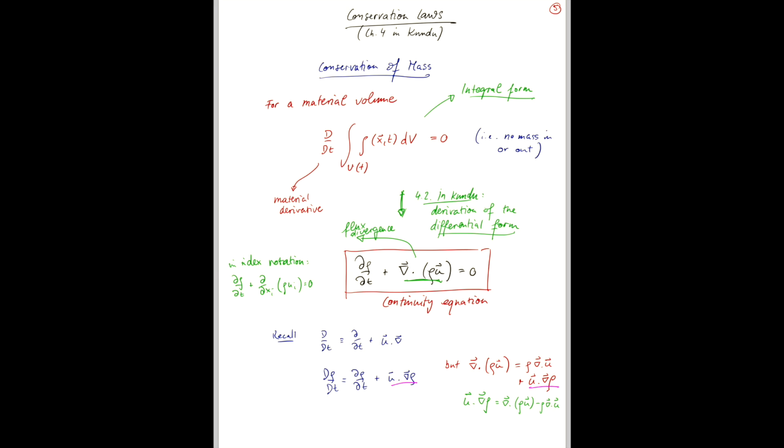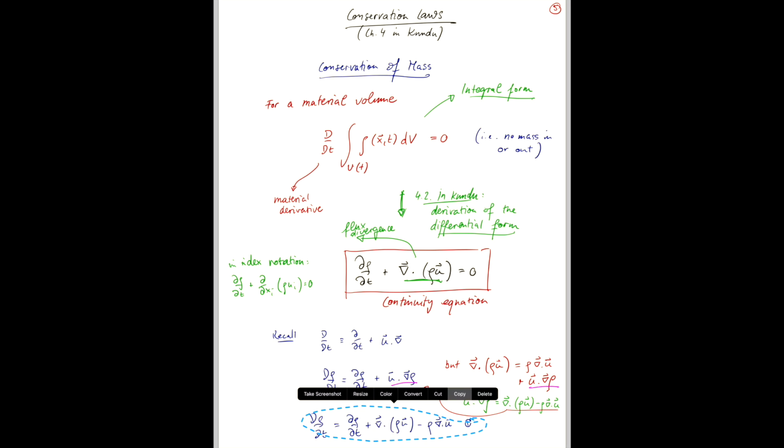So we can plug this expression into here, and we are left with D rho Dt, the material derivative, is just d rho dt, the change of rho over time, plus the divergence of the mass flux minus rho, the divergence of the flow field. Now this is my equation 1. Let me label this equation 1.